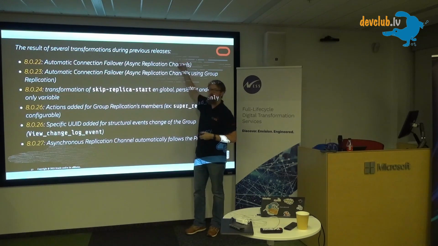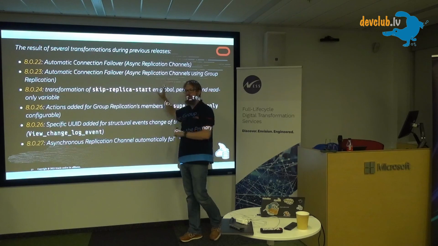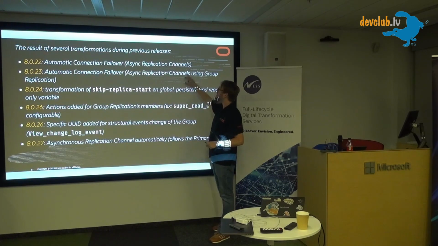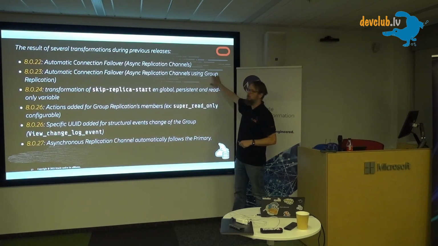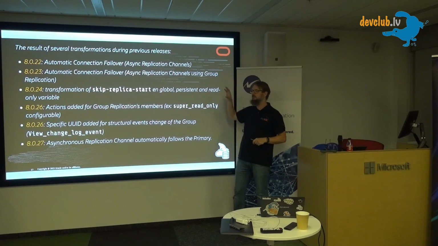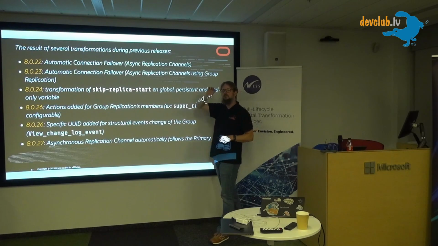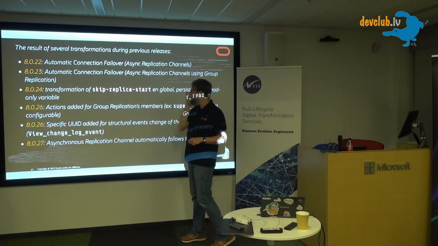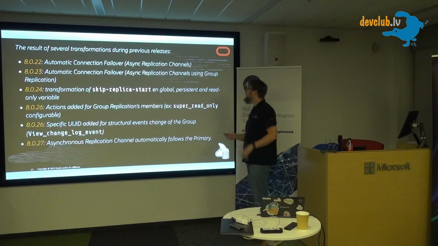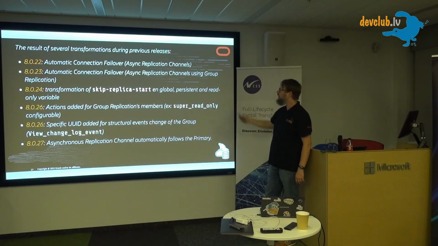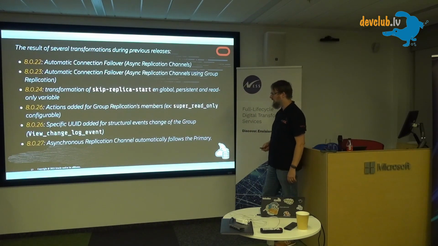In MySQL 8.22, this is automatic. You can do that even if you don't use any of these solutions. Connection failover is that for group replication. So if you are an asynchronous replica of a group replication and there is a new primary, you follow it. And there is plenty of other stuff that we have done.